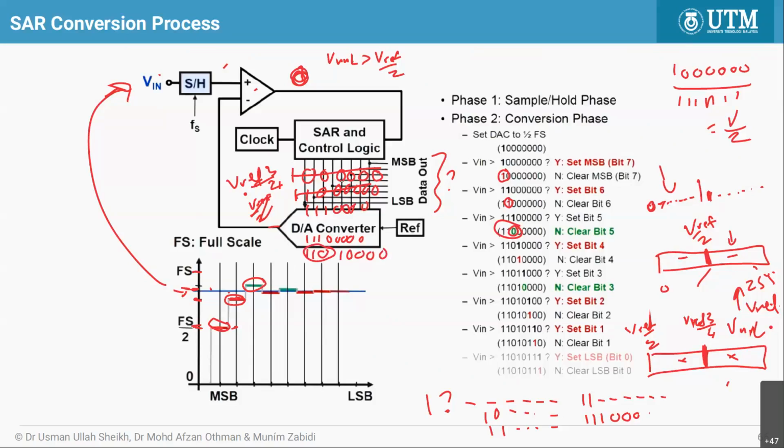So on the 4th clock cycle, red, green, red, green. Here we can see red, red, green, red, green, red, red. And so on, until lastly we get all 8 bits.